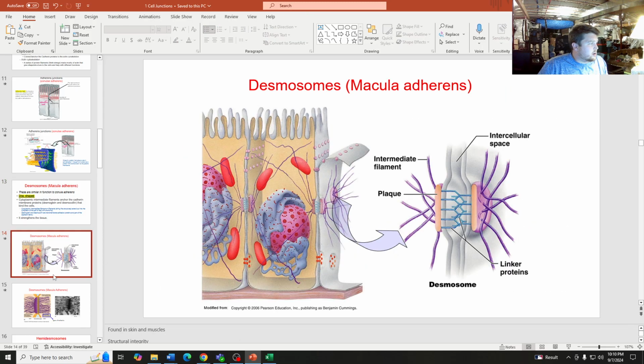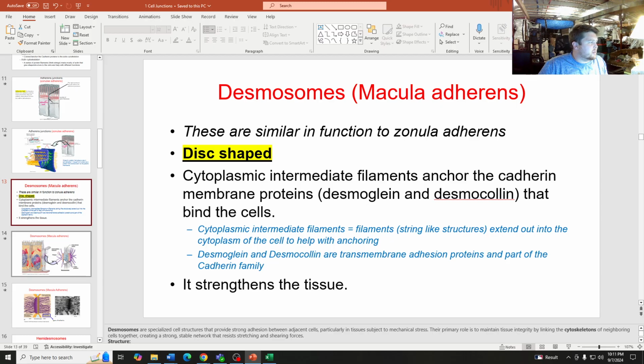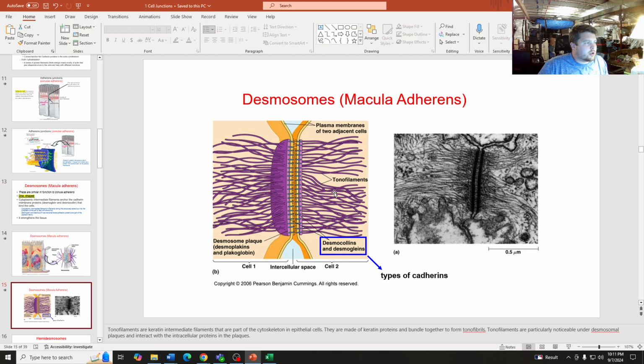In here, we can see those types of cadherins, those desmocolins and desmogleins. These cytoplasmic intermediate filaments are also known as tonofilaments. These are keratin intermediate filaments.